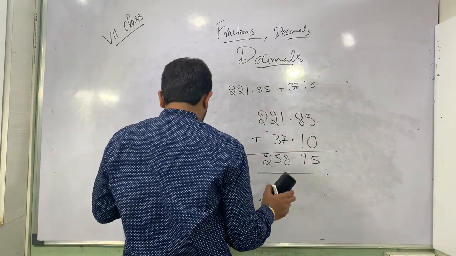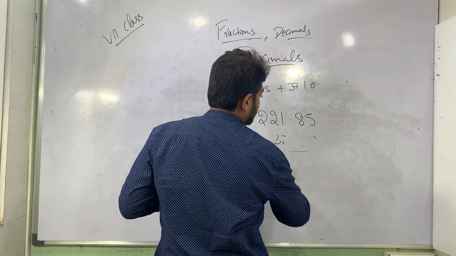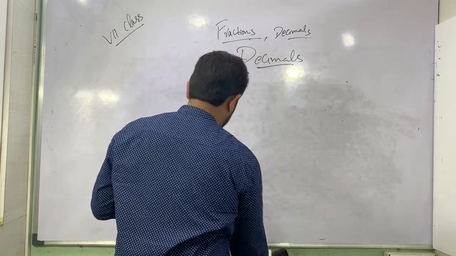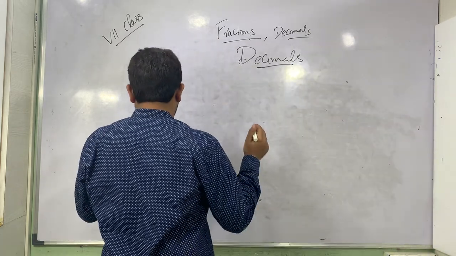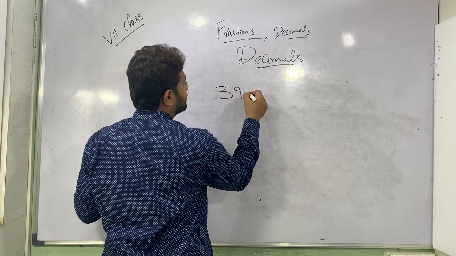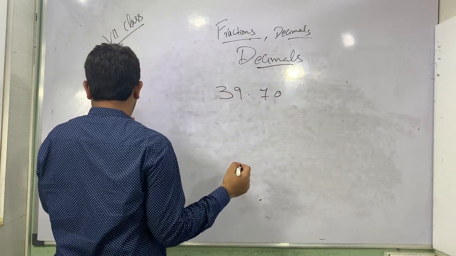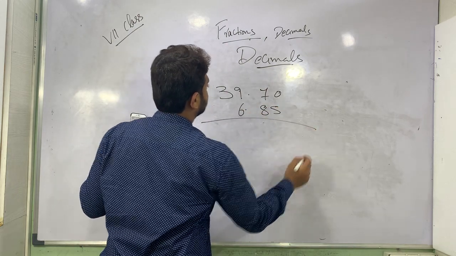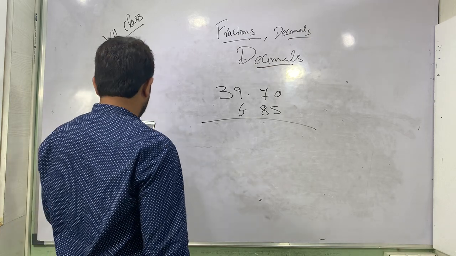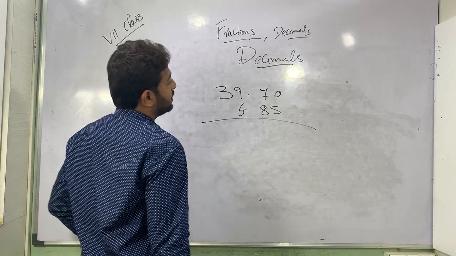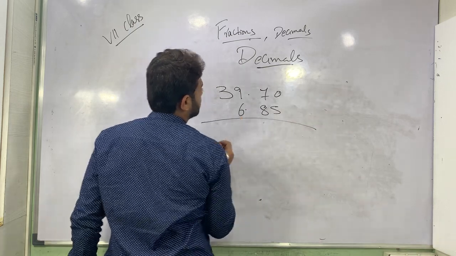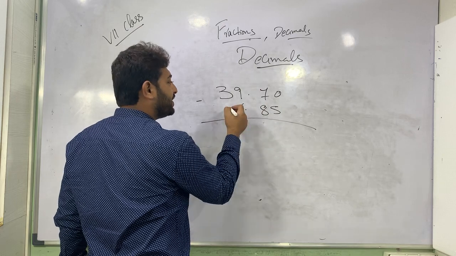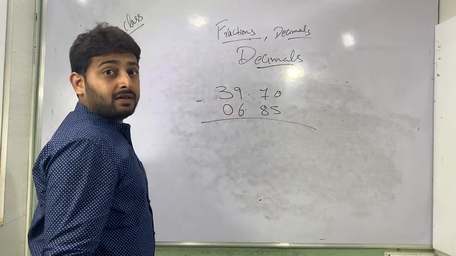Now subtraction. Let's see subtraction. 39.70 and 6.85. Now, how do you subtract? 39.70 minus 6.85.